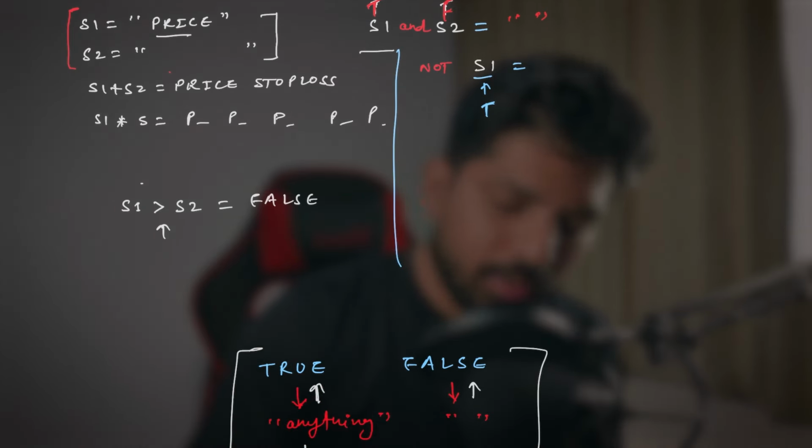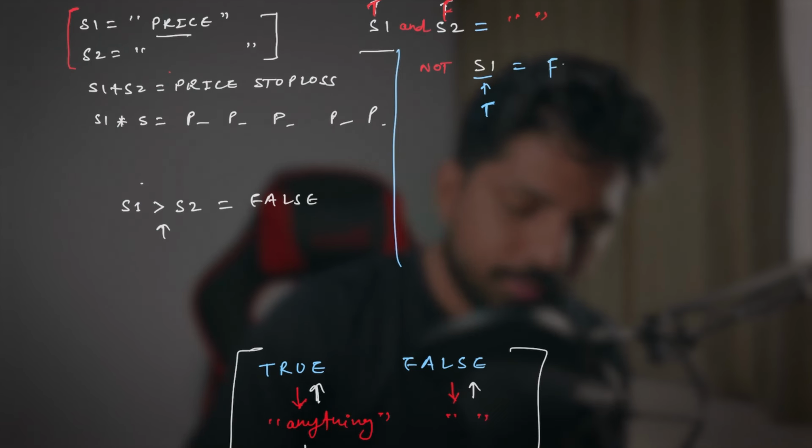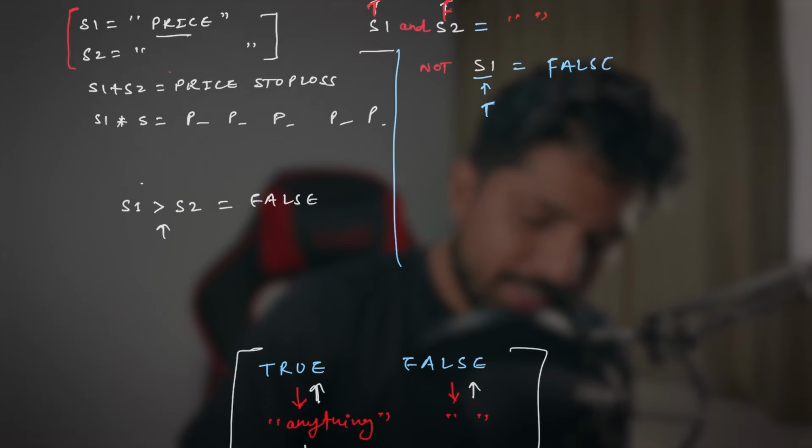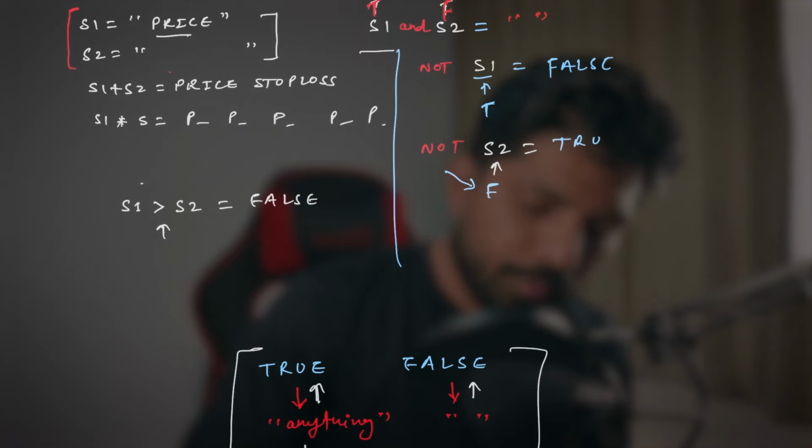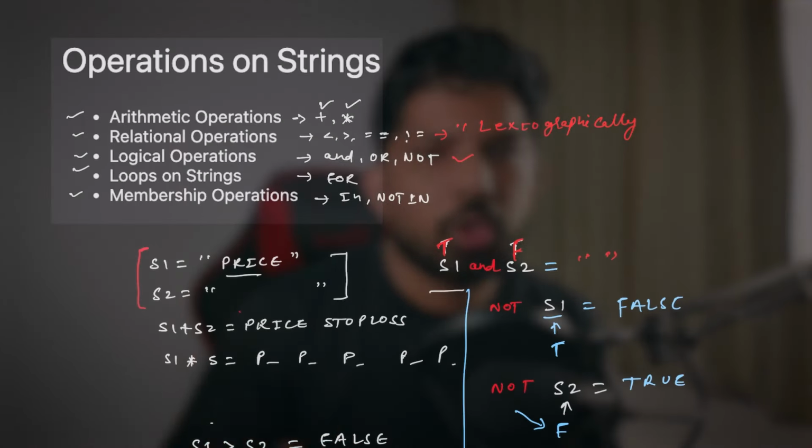So here it is true, so it will give us false. And if we apply the same on S2, as we know, it is empty, so in reality it is false. But as we apply the not operation, it will give us the value as true. So this is how the logical operations work.